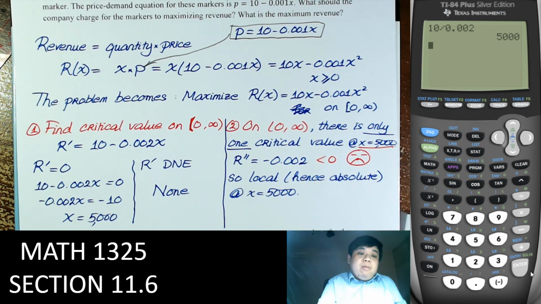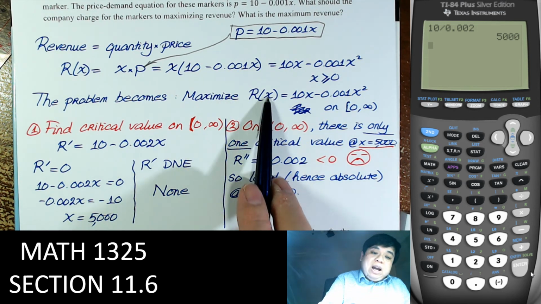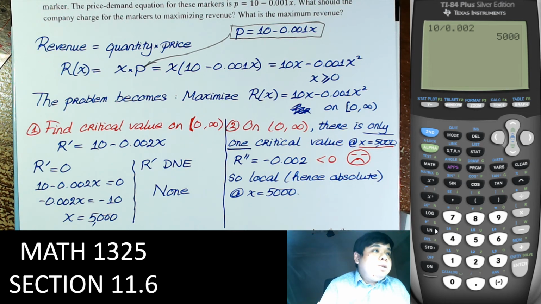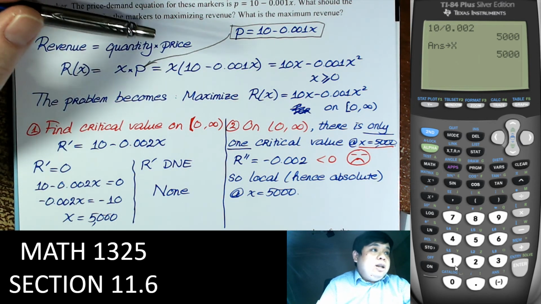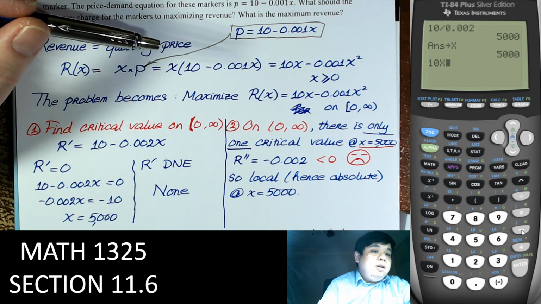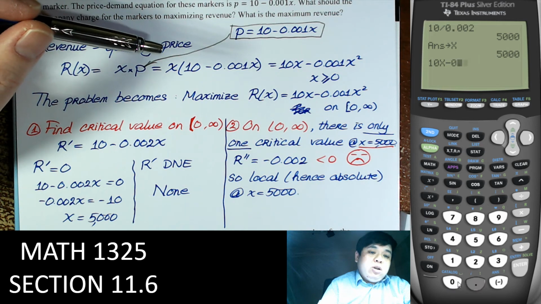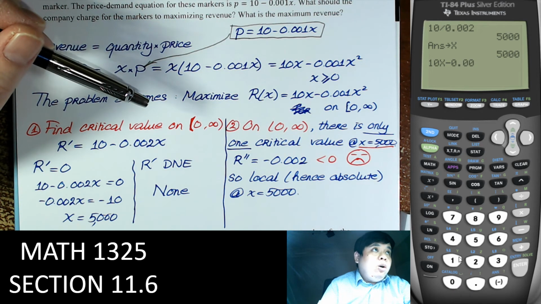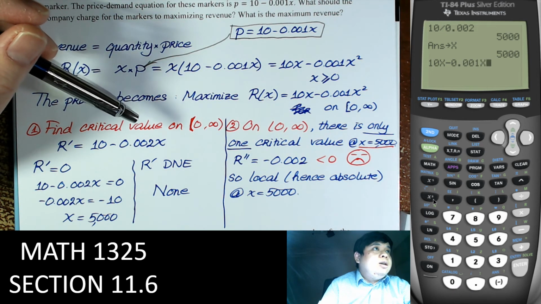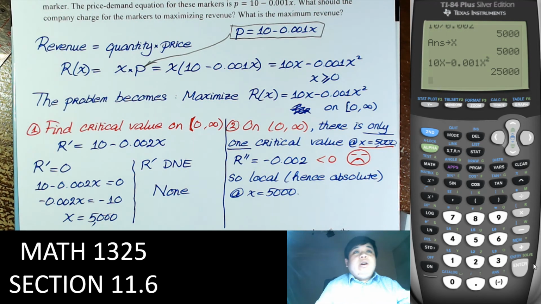If we want to find the maximum revenue, put 5,000 back into the function. We store that into x, and the revenue is 10x minus 0.001x squared, and that's 25,000.